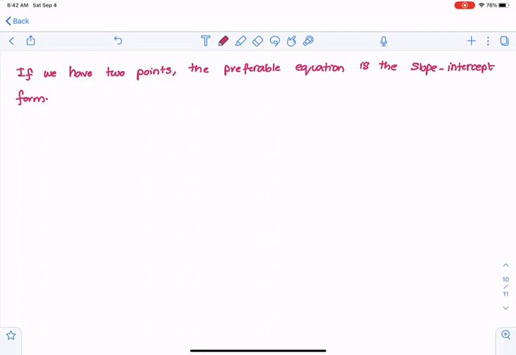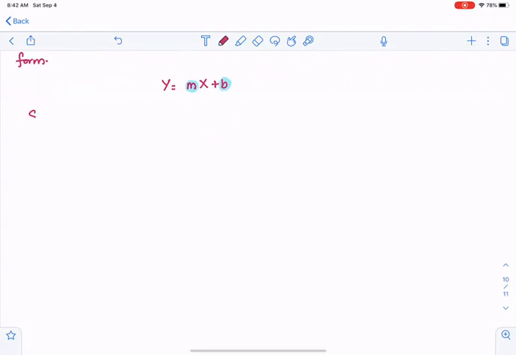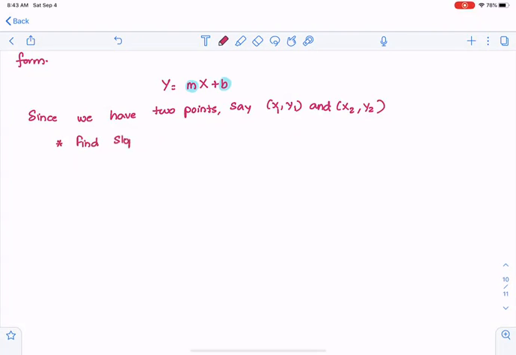What is that form? y is equal to m times x plus b. Our objective is to find the m and the b. Since we have 2 points, say x1, y1, and x2, y2, we can easily find the slope. So that would be our first step.